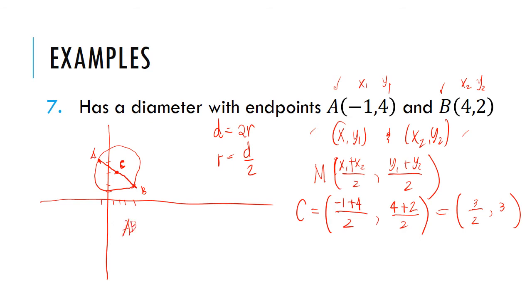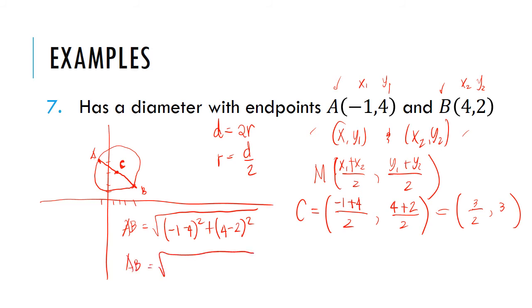So the length of AB is equal to the distance formula. We have x1 minus x2 squared, plus y1 minus y2 squared.